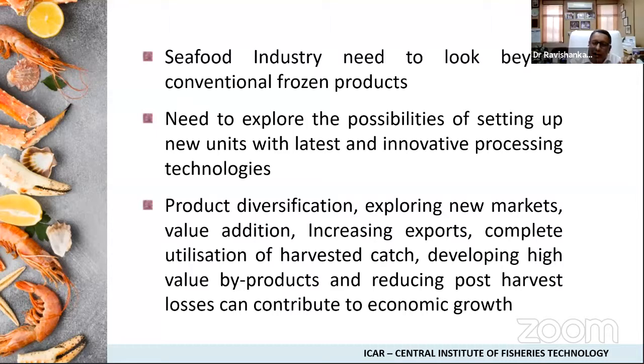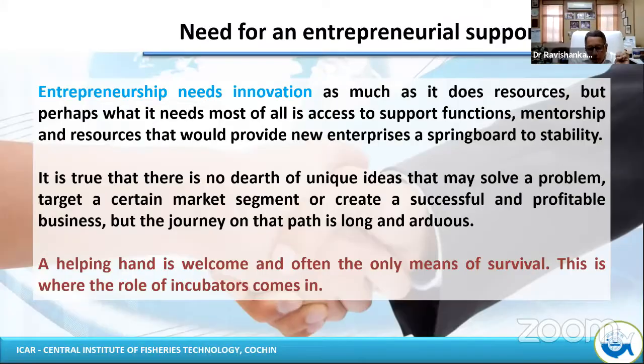So let me share a few things about entrepreneurship. I'm not talking more about this here. When I say there are so many potentials, so many products can be done, that should be helped in some way. An industry is always looking for an enterprise to succeed. Technology is only one part of it.